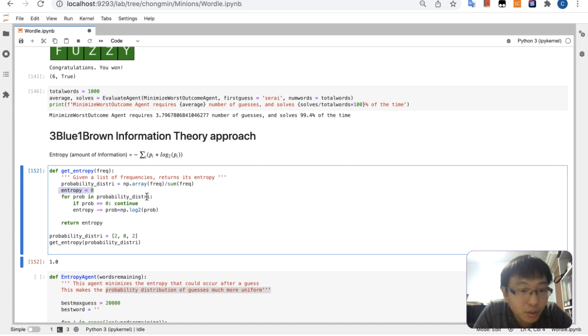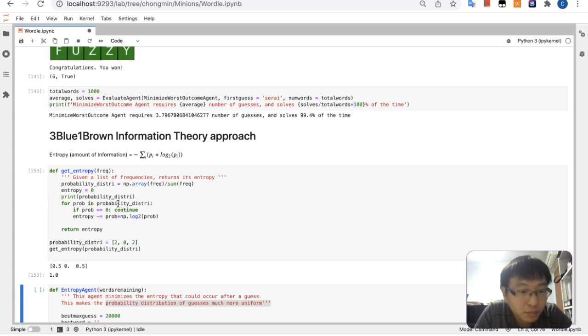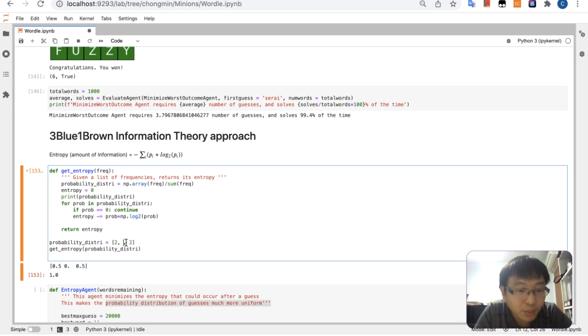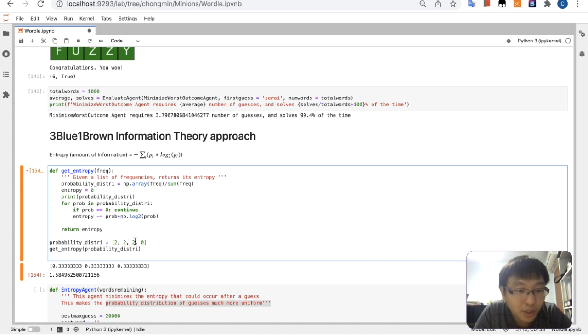So let's print out this probability. So this one will be like 0.5 log 0.5, this 0. Oh, okay, so essentially this is actually lower, because there's one less term, like one outcome is totally gone.